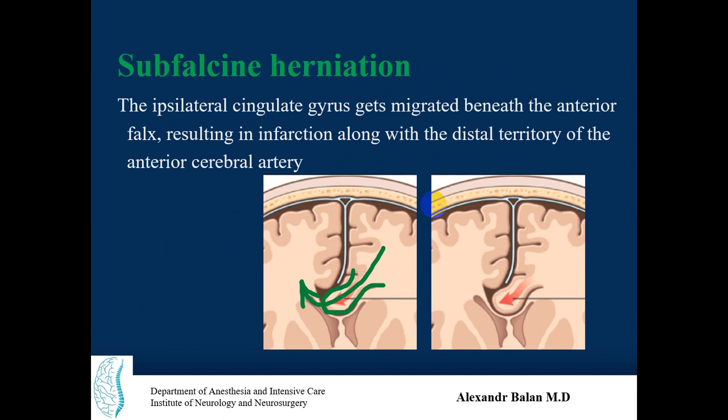Subfalcine herniation, as an example, is when the ipsilateral cingulate gyrus migrates beneath the anterior falx cerebri. So this one is the falx cerebri, and you see the cingulate gyrus is going to the opposite side and causing herniation.